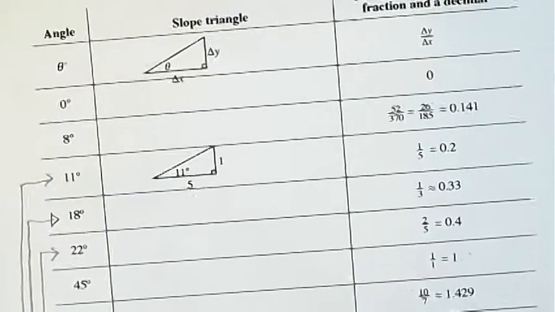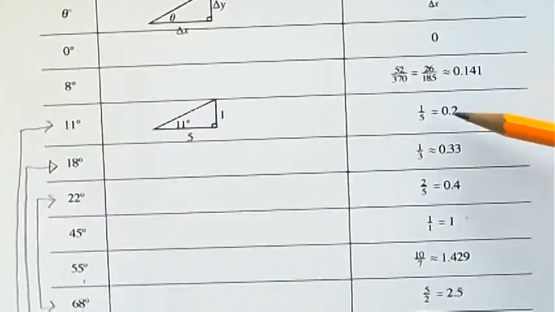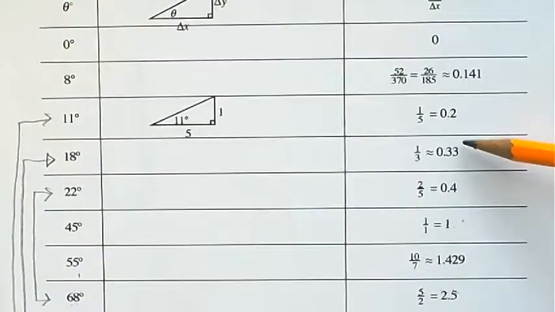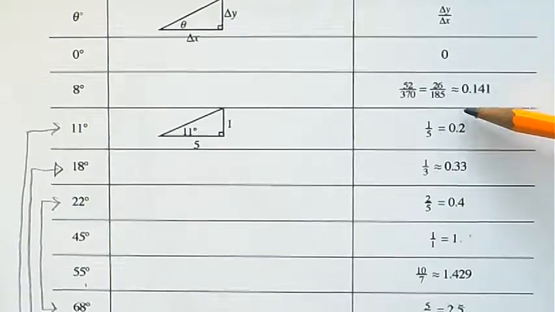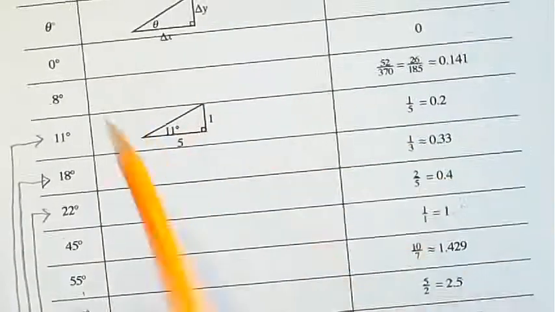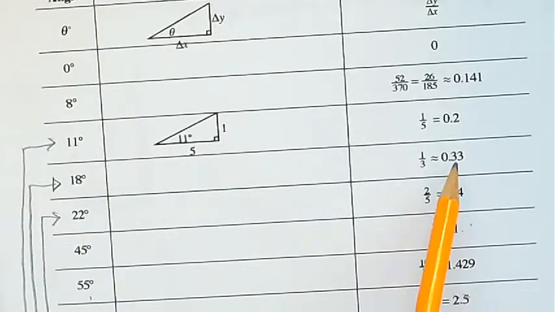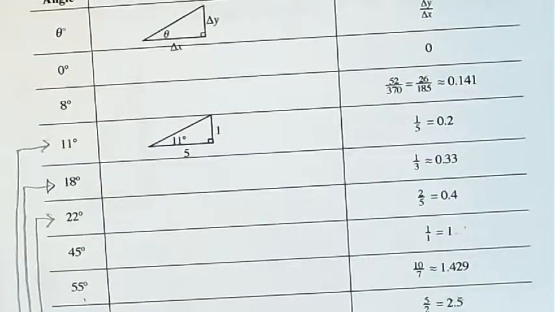Well, let's look at our trig table graphic organizer. If you look at all of the angles that are less than 45 degrees, they're all less than 1. And this one's 19 degrees, we do have 18 degrees. That one was 0.3. So it's probably a little bit bigger than that, but not that much bigger.